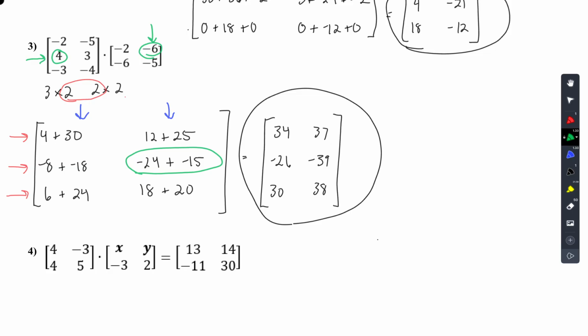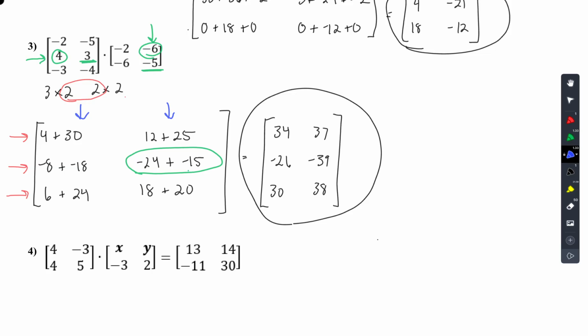That's why I got -24. And then plus 3 times -5. So I multiply the first number in the row times the first number in the column, plus the second number in the row times the second number in the column. So you're kind of going down the thing there.